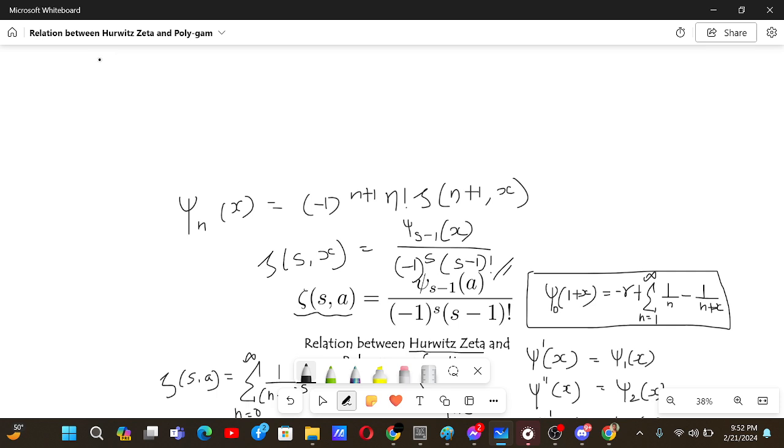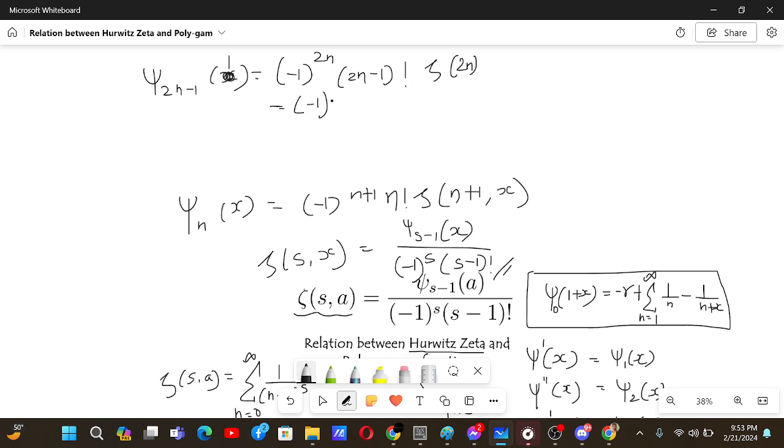such as if you want to find digamma of 2n minus 1 of x, we will get basically minus 1, and over here let's say it's 1. Yeah, minus 1 to the power, now 2n minus 1 plus 1 is just 2n, and then 2n minus 1 factorial, and then Riemann zeta of 2n comma 1, and this is just zeta of 2n. Now we also have another expression for Riemann zeta of 2n.